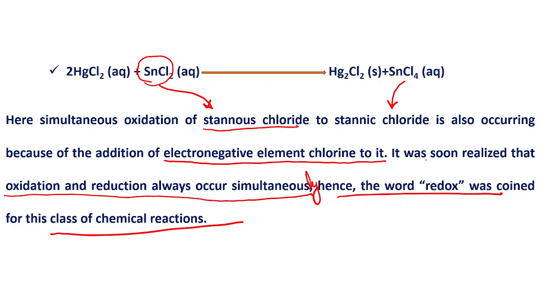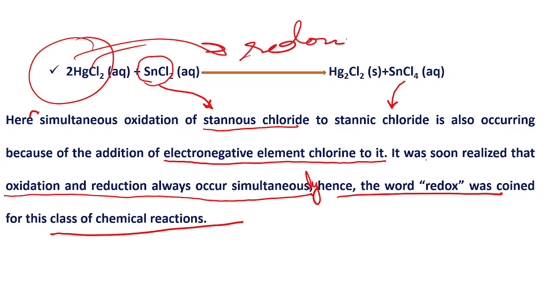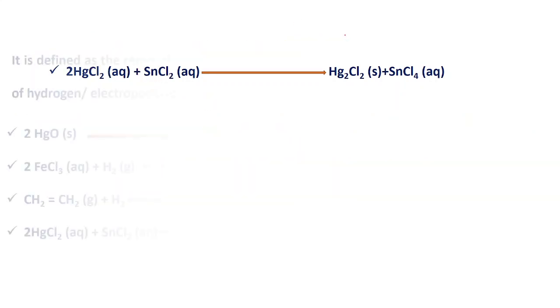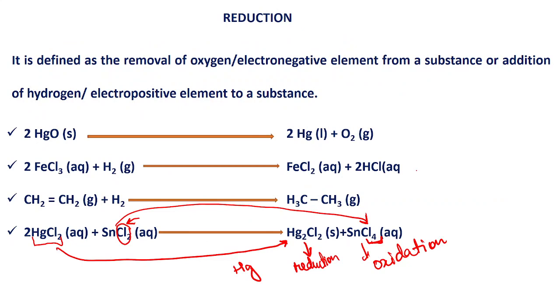That reaction where both reduction and oxidation occur is named a redox reaction. So this complete reaction is an example of a redox reaction.